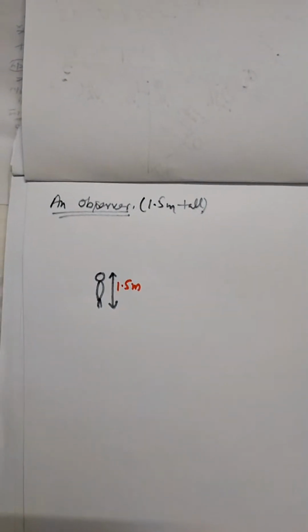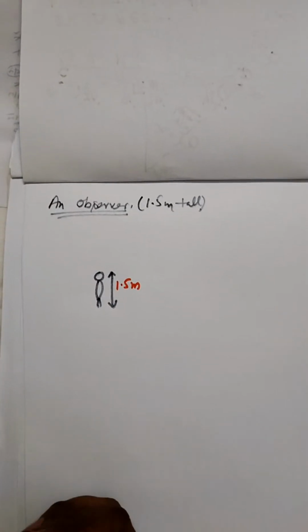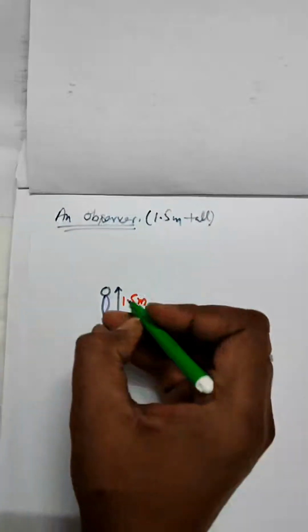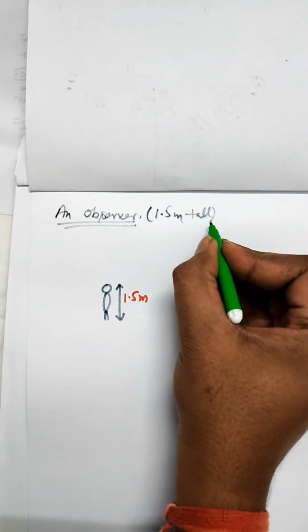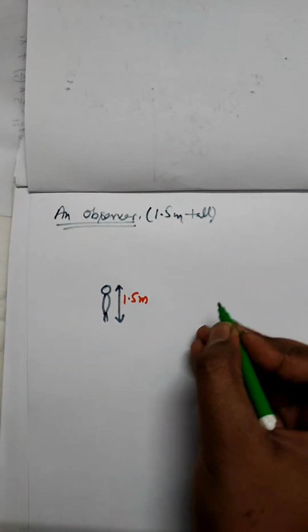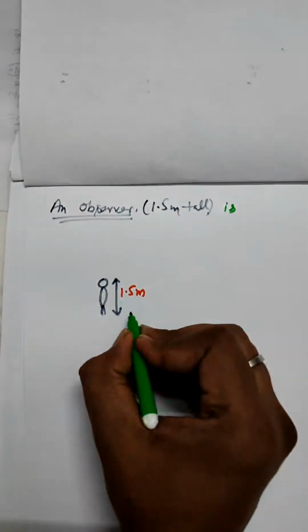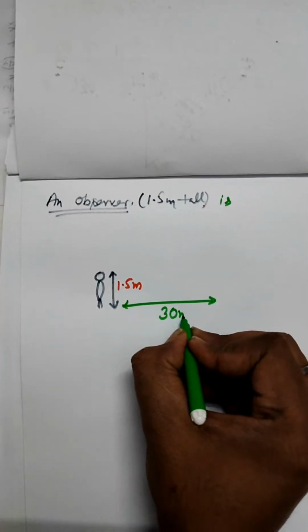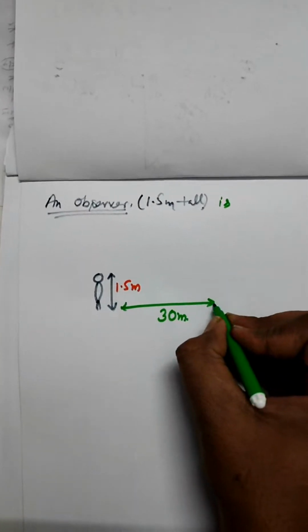So I'm writing the question over here first. An observer of 1.5 meter is 30 meter away from a chimney. So let us say this is a distance of 30 meter and this is a chimney.